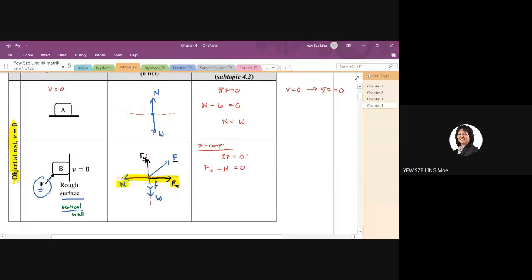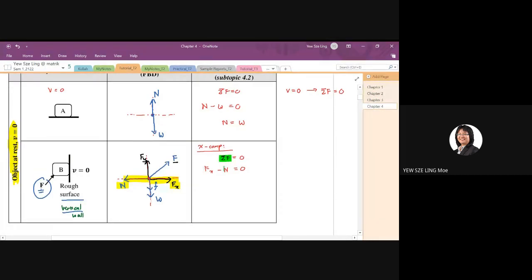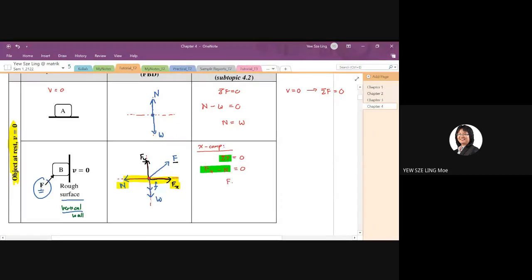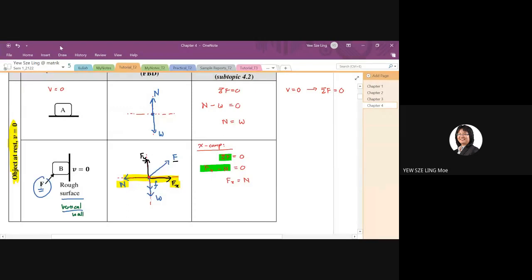You don't have to change anything on the right-hand side; you just expand the left-hand side. So rearranging, we have Fx equals n along the x component.